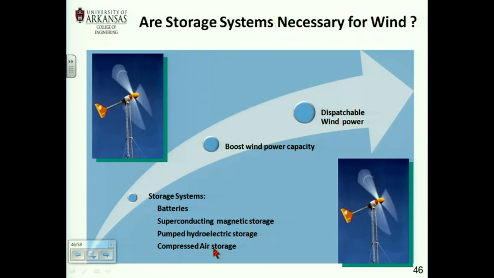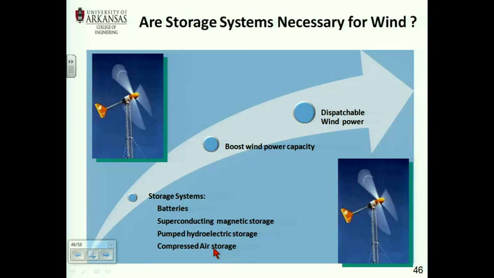And then compressed air storage. Sometimes they talk about this when it comes to Texas, because in Texas they have a lot of oil fields, and they have taken all the oil out of that. And so what is left? The reservoir. And so then you can pump air there under pressure. So you use the cheap energy, or the excess energy of the wind, to drive a compressor that will pump air into a container, a cave.